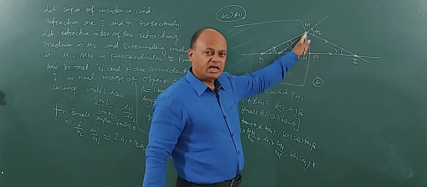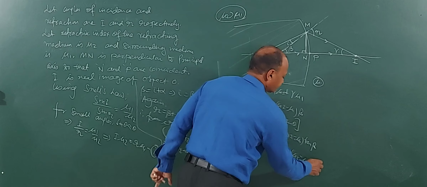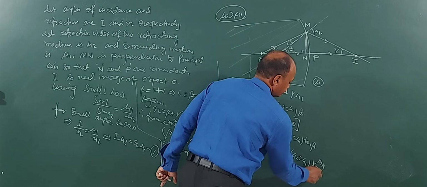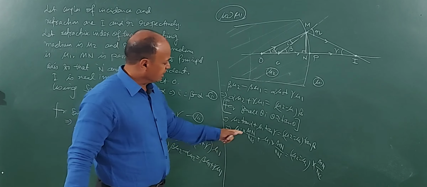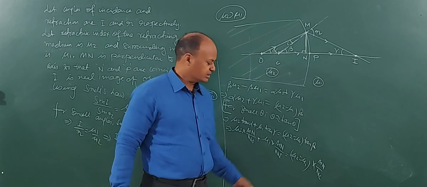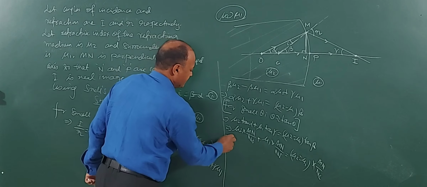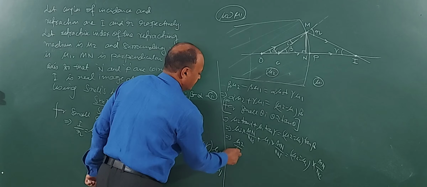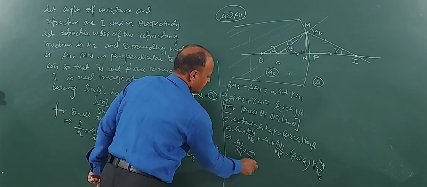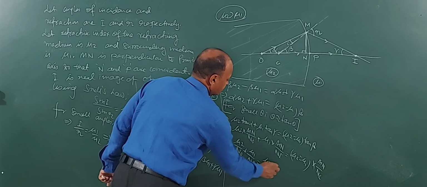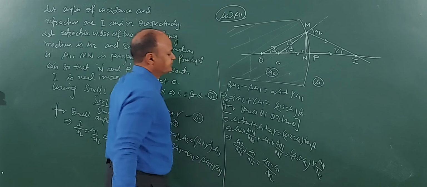Tan beta is mn divided by nc. Now looking at this equation, you can see that you can cancel out mn from both sides. If I take out mn from both sides, then what am I left with? I am getting mu2 by no plus mu1 by ni is equal to mu2 minus mu1 by nc.